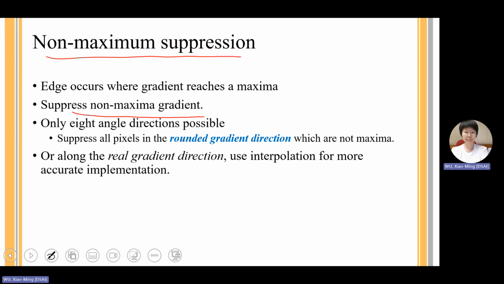This can be done along the rounded gradient direction or along the real gradient direction.